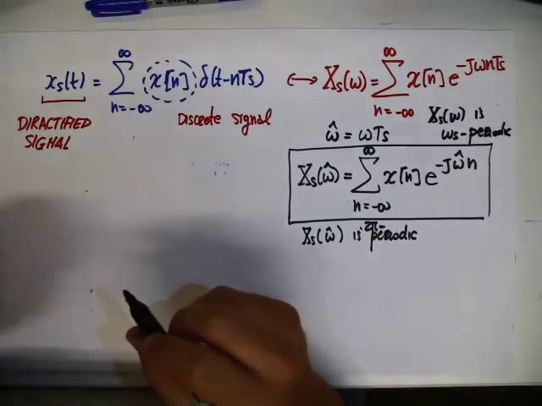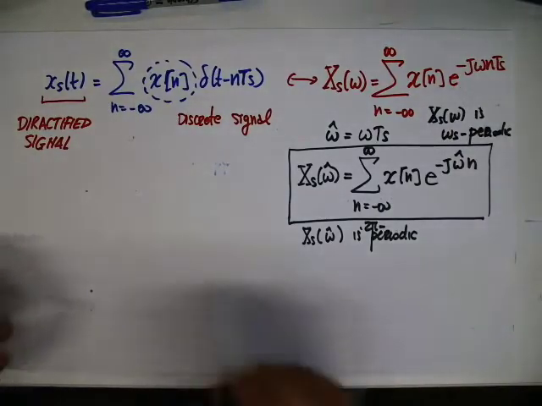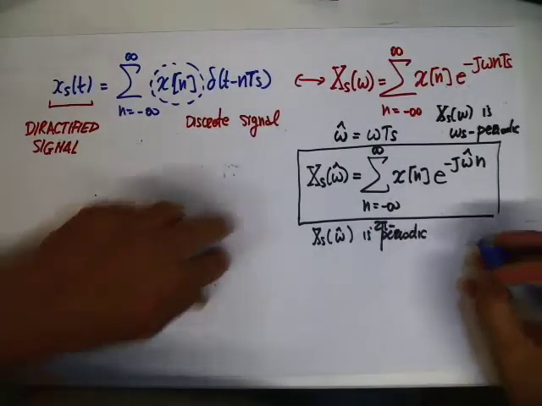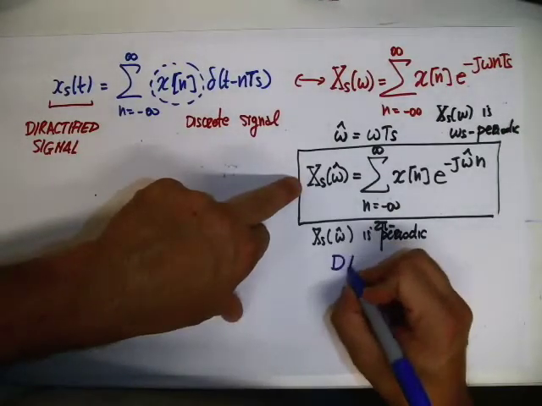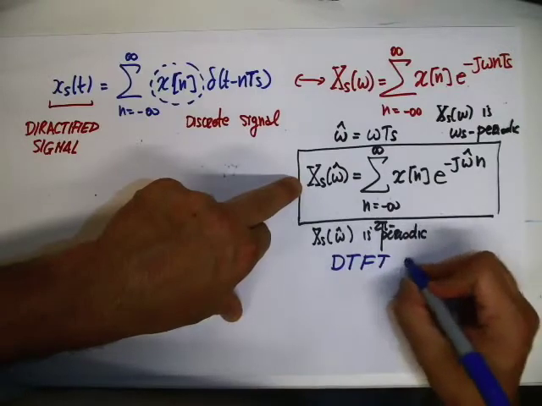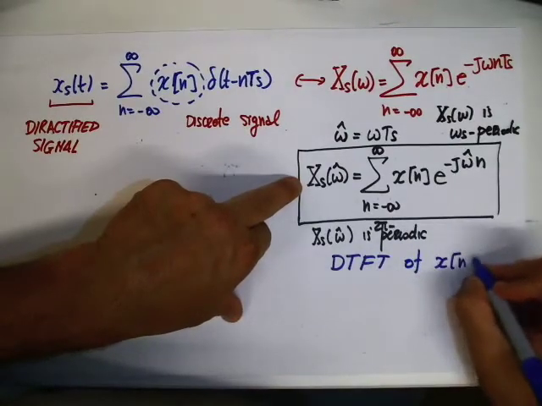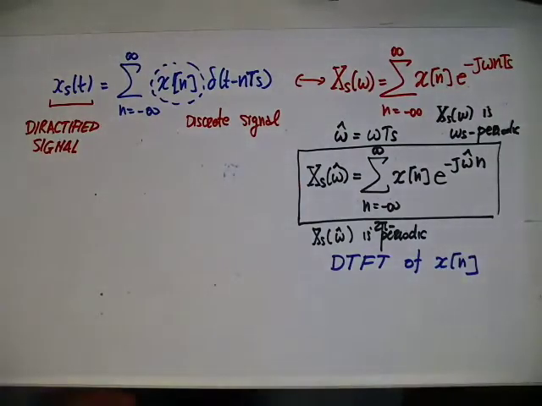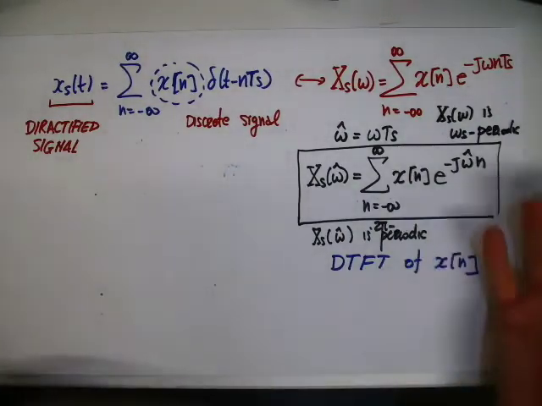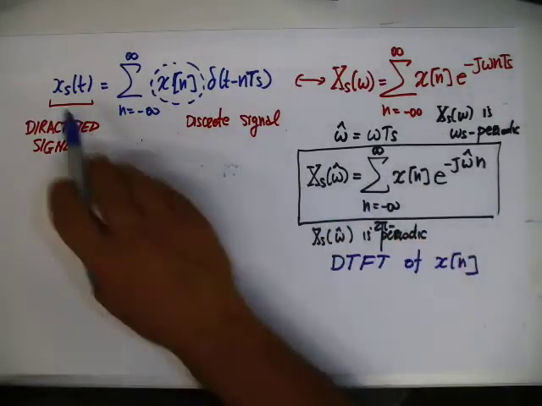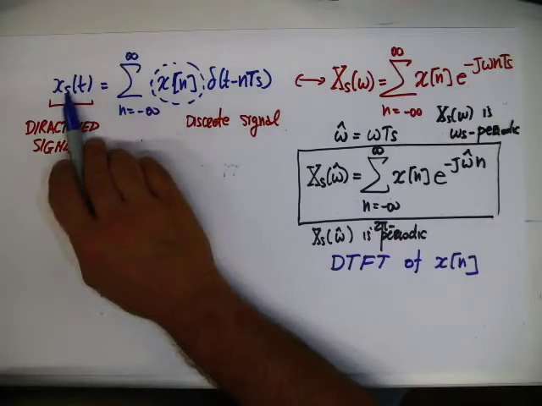Okay? Of course, this is the natural definition of the DTFT of the discrete signal x sub n, which is basically the Fourier transform of the Diractified signal.